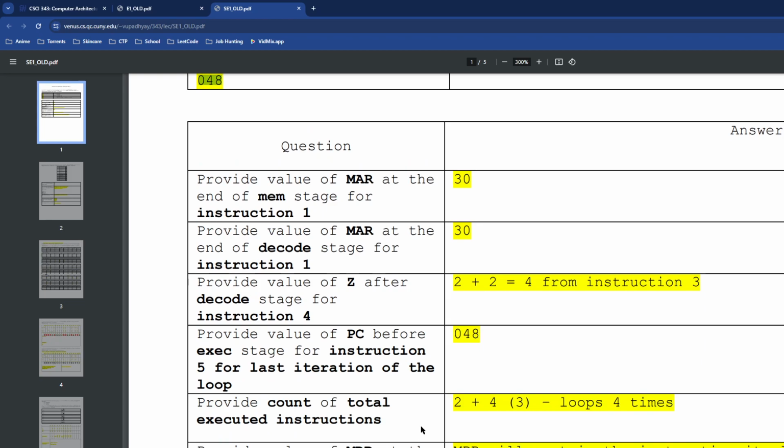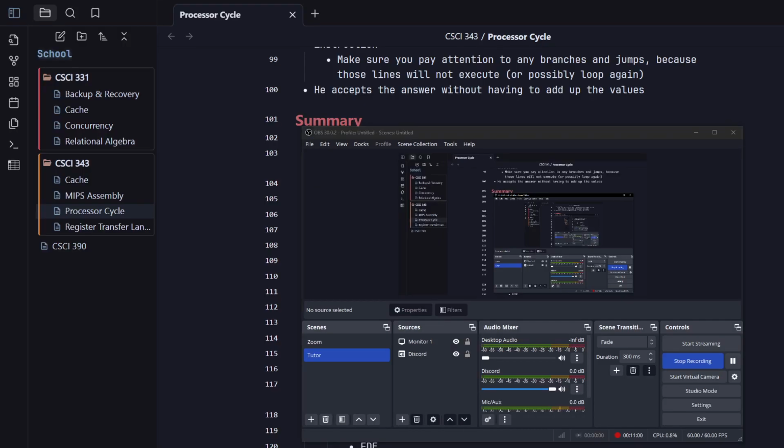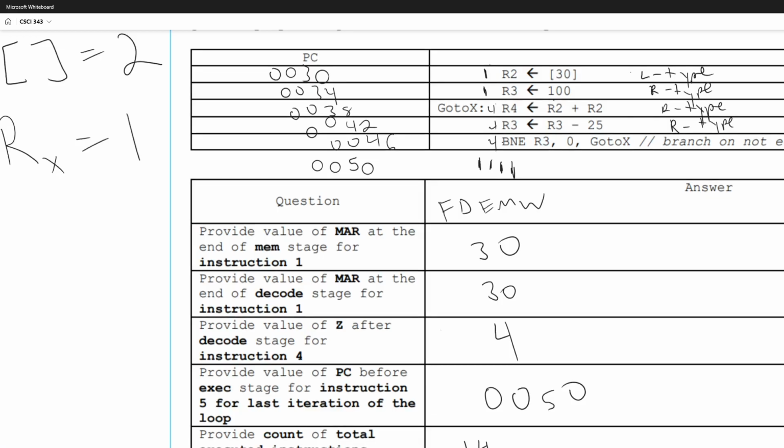Oh, I messed up. Add the value of MDR at the end of decode stage. Oh, shoot. I forgot. If it's the decode stage, it's still the instruction part. Okay. So this will actually have the instruction itself.